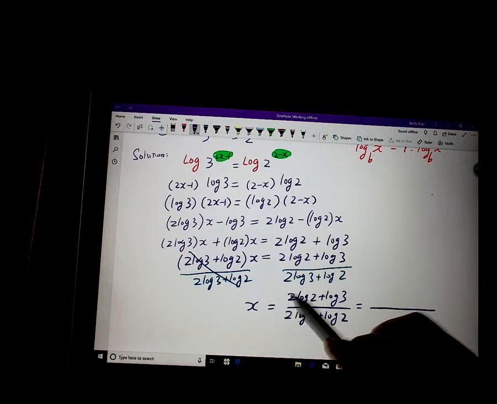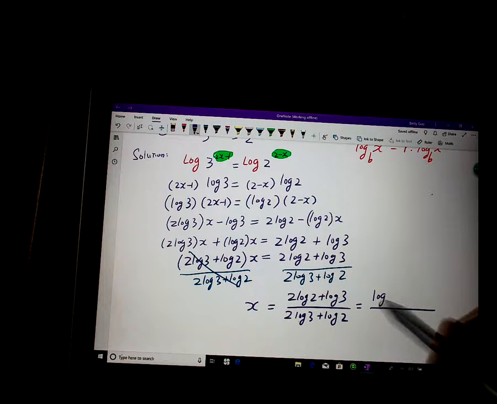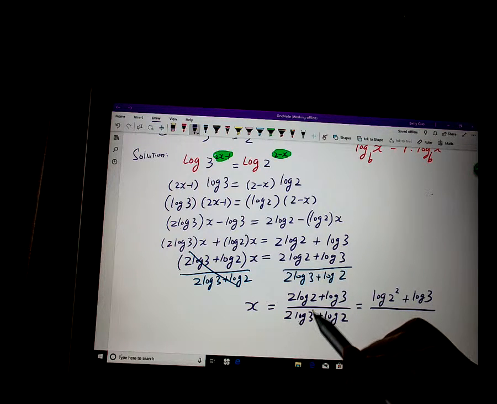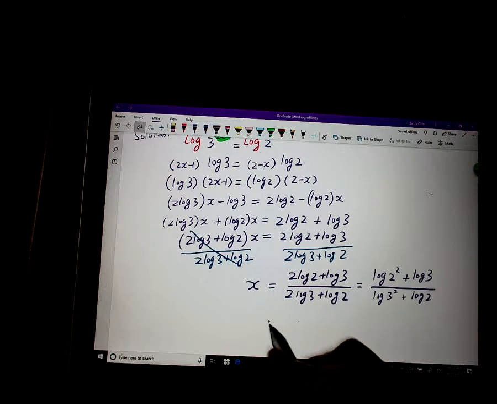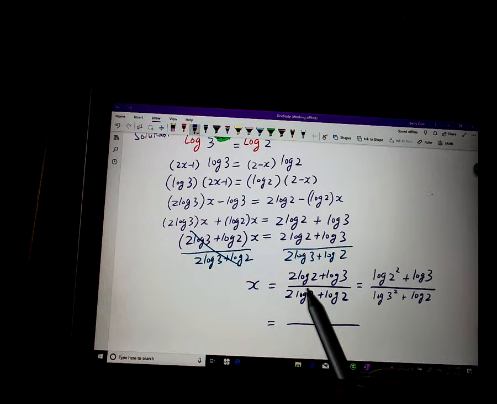Here we can put 2 back inside the log. We would have log 2 squared, and here is log 3. Same thing, we put the coefficient 2 back inside the log. We have log 3 squared plus log 2. Those are extra. You could evaluate this expression to get an approximation of the answer, but if you want to play with it, we can compress the exact answer as simple as possible.